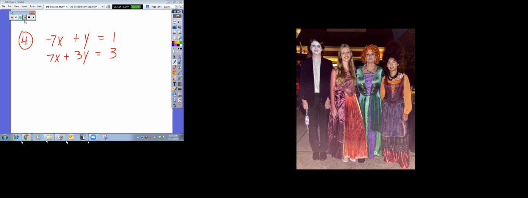Show me with your hands what you got for the y value. That's what you'll get first. Good, good, good. Yes, yes, yes. Now, the harder part, though, is plugging in that y value and finding the x. Oh, I think the x is going to be a fraction. Oh, maybe not. No, it's not. Never mind.